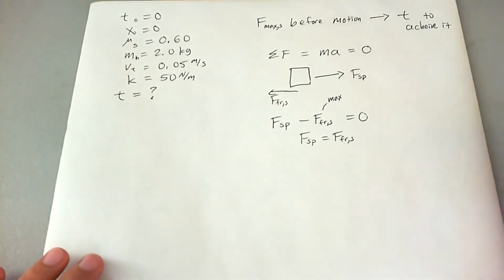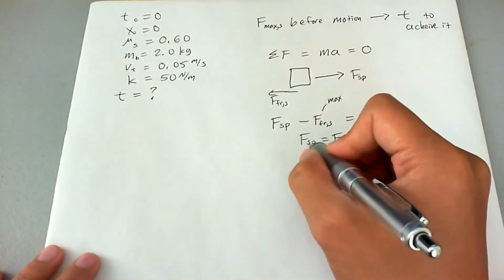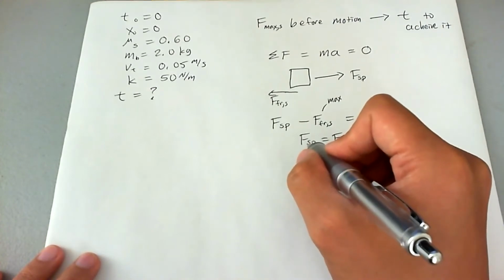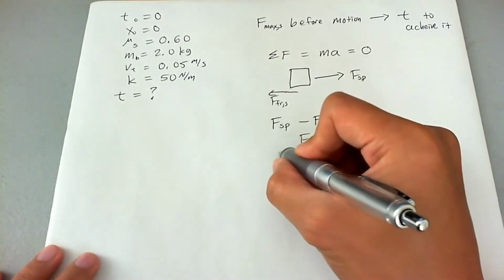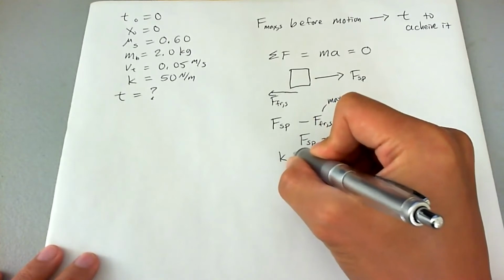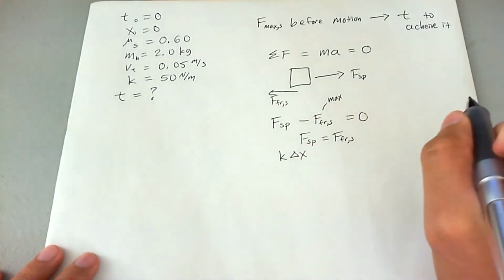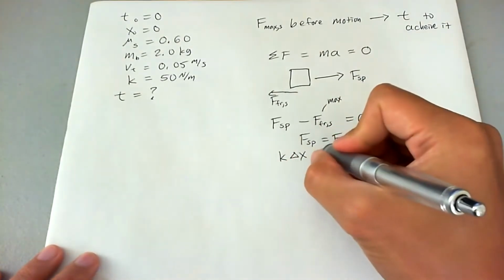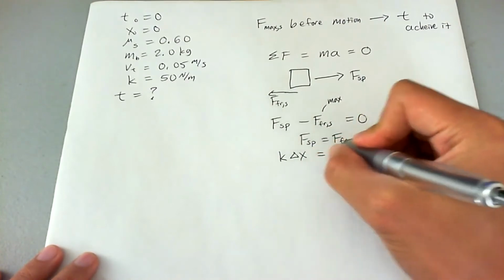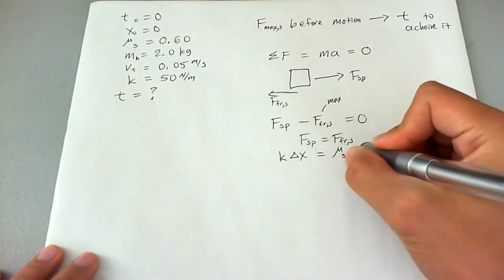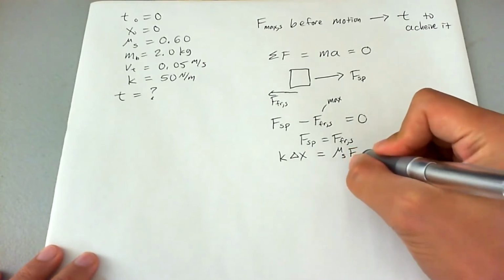To achieve that, let's look at the breakdown of spring force. It's going to be k delta x. That's Hooke's law. And that's going to equal mu static times normal force.